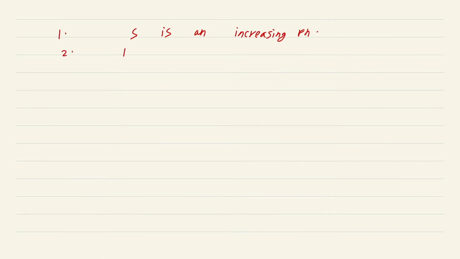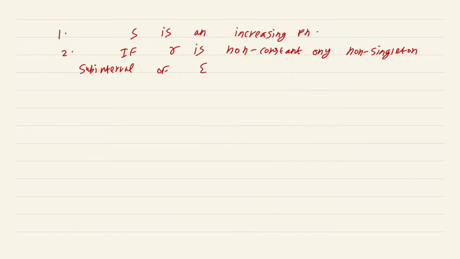2, if gamma is non-constant on any non-singleton subinterval of [a, b], then s is strictly increasing. 3, s, not gamma, s is continuous.